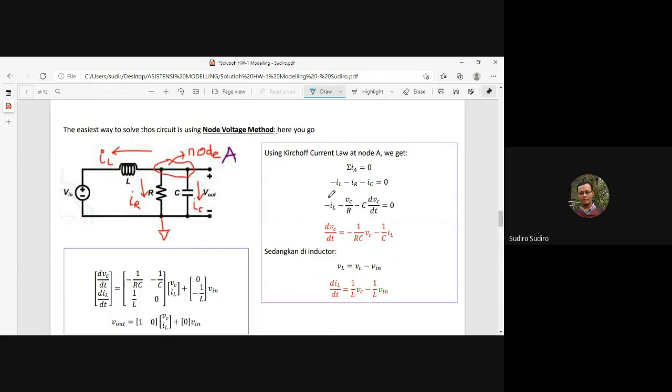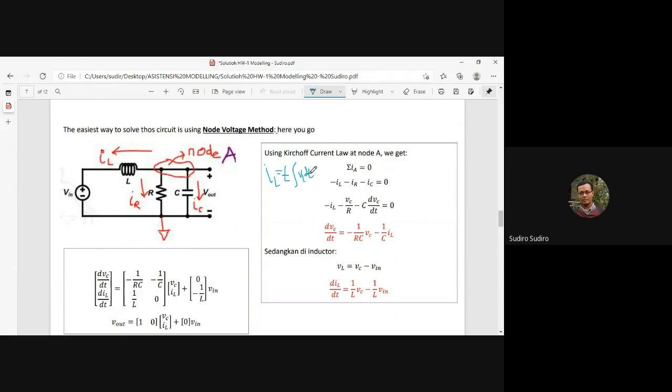And the formula of the inductor current uses an integral, which is 1 over L integral VL dt.